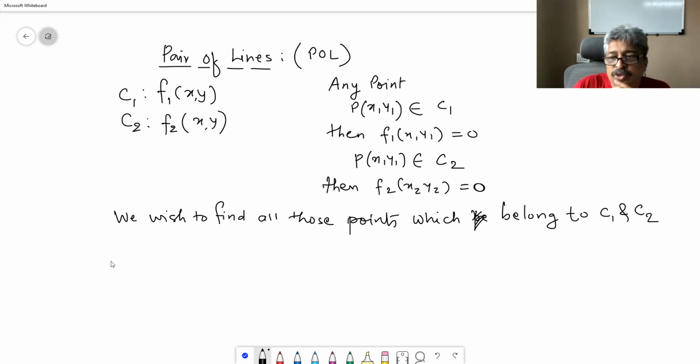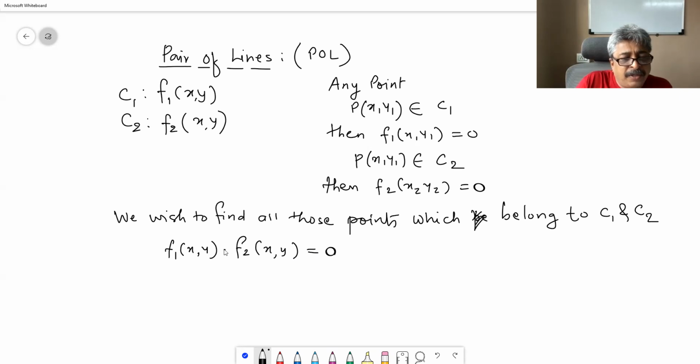So if we wish to find out all those points which belong to these two curves, C1 and C2, simultaneously, then what algebra should we do? And it is simple. We take f1 of x comma y multiplied by f2 of x comma y equal to 0.